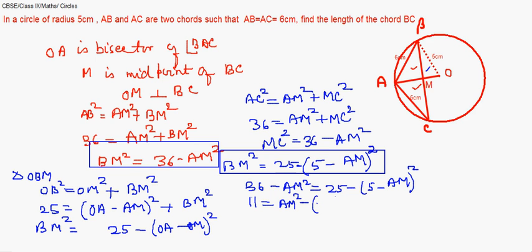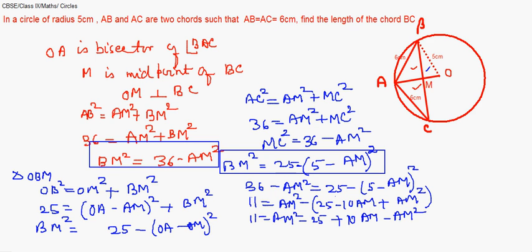It is 25 minus 10 AM plus AM square, and I remove the bracket, so it becomes minus 25 plus 10 AM minus AM square, thereby cancelling these two, and 11 plus 25 becomes 36 is equal to 10 AM.